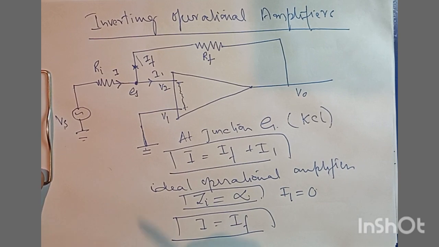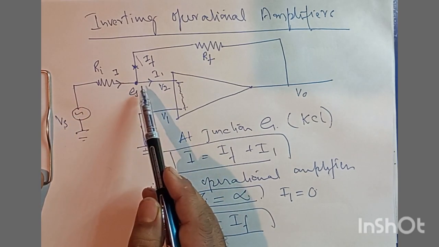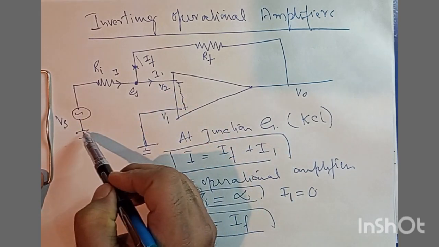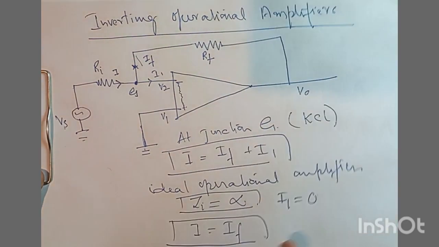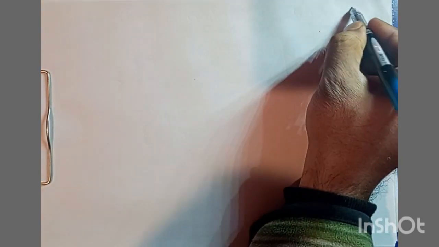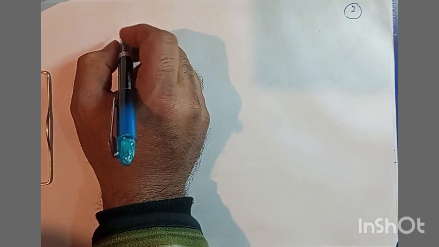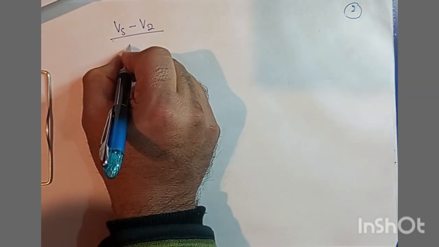What we can do here is have Vs minus V2 for I. Vs is here, V2 is here. That will be the voltage drop, divided by the resistance Ri. So for I we will have Vs minus V2 divided by Ri.